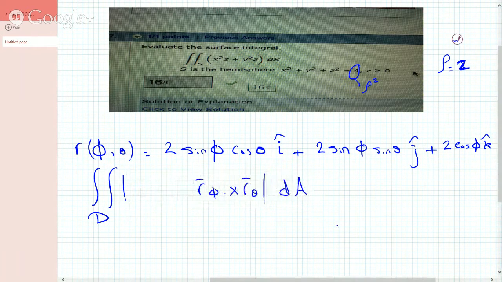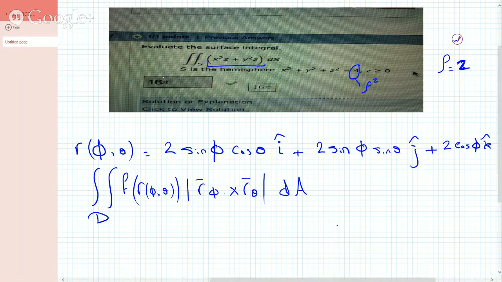Okay. This is of course multiplied by f of r of phi comma theta. There we go, where f is the function defined in the question as x squared z plus y squared z.